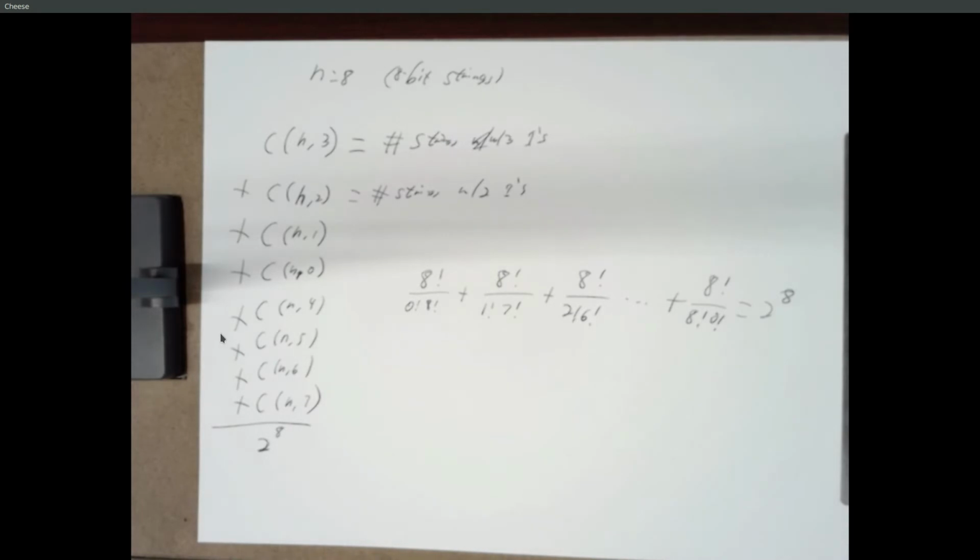So we've got some weird connection between factorials and powers of 2, which it's not obvious there should be, because powers of 2 is like the simplest thing. You just multiply by 2 a bunch of times. Factorials are kind of the most complex thing, because you multiply by successive numbers a bunch of times, but they're related to each other. And we'll come back to that in a bit.